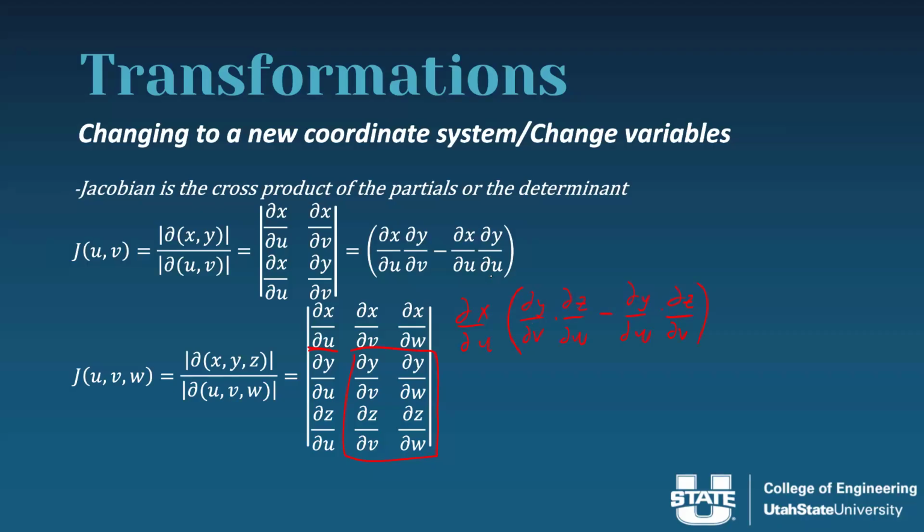Yeah, and then it's the same thing, right? So then it's minus, because it's i, j, k, right? Minus, and then we would do the next one.